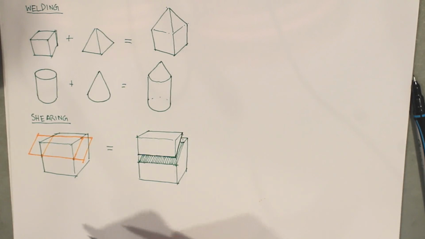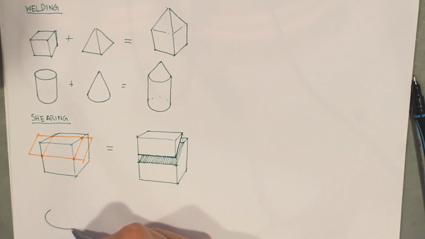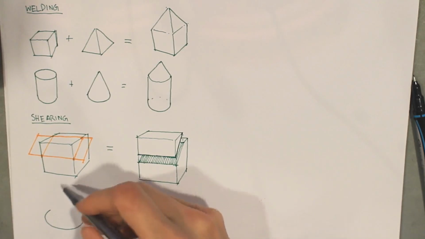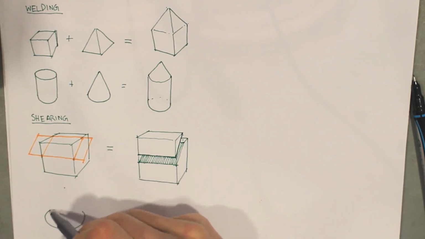We can also do this with our rounded forms as well, like our cylinders and cones. So first I'm going to start by slicing horizontally along a cone. Just starting out with part of that ellipse and then the center point.